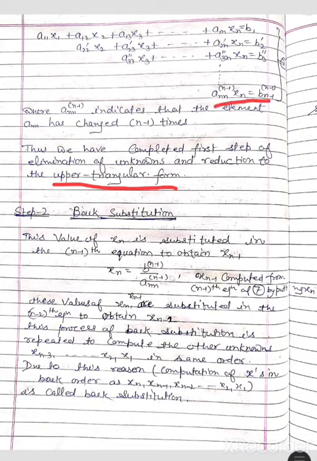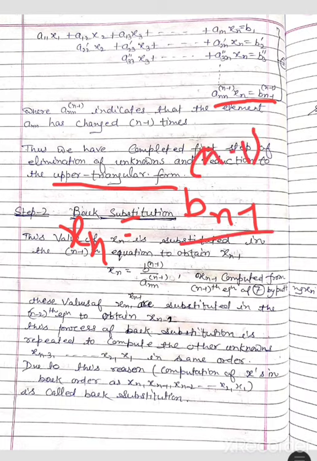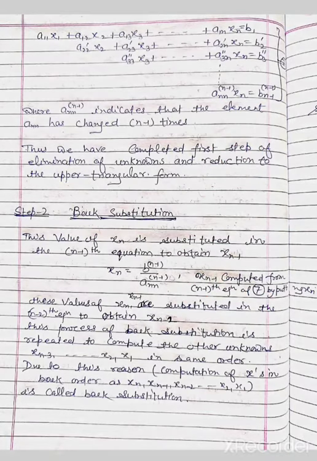From the last equation we easily get the value of xn equals bn n minus 1 times prime over ann n minus 1 times prime. So we get the value of xn, and this value of xn is substituted in the n minus 1th equation to obtain the value of xn minus 1.